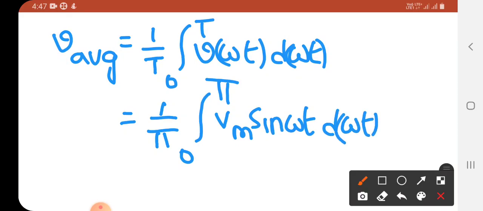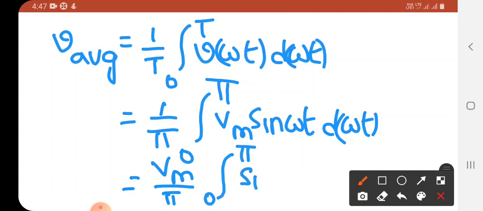Or you can also write this equation as Vm by pi integral 0 to pi sine omega t d of omega t. Now what is the integration of sine theta d theta? Integration of sine theta d theta is minus cos theta.